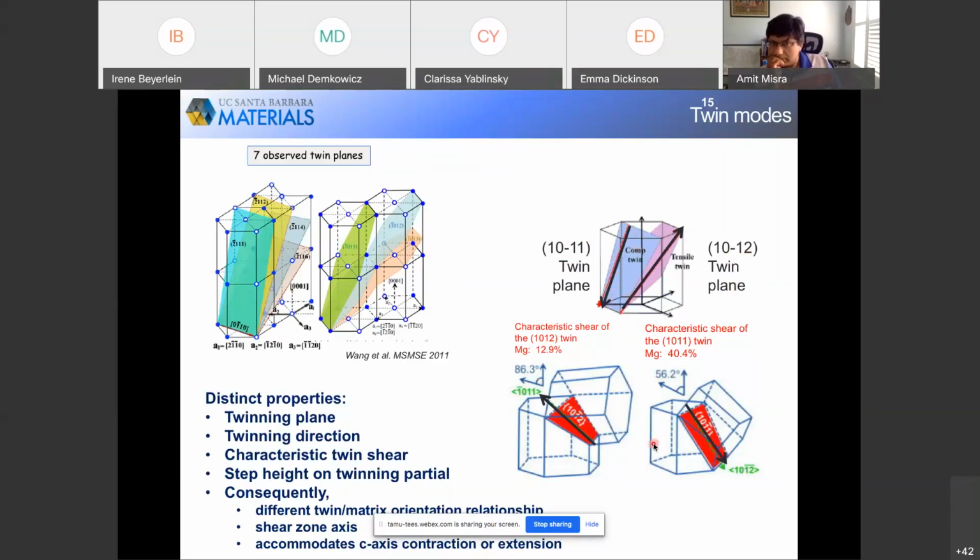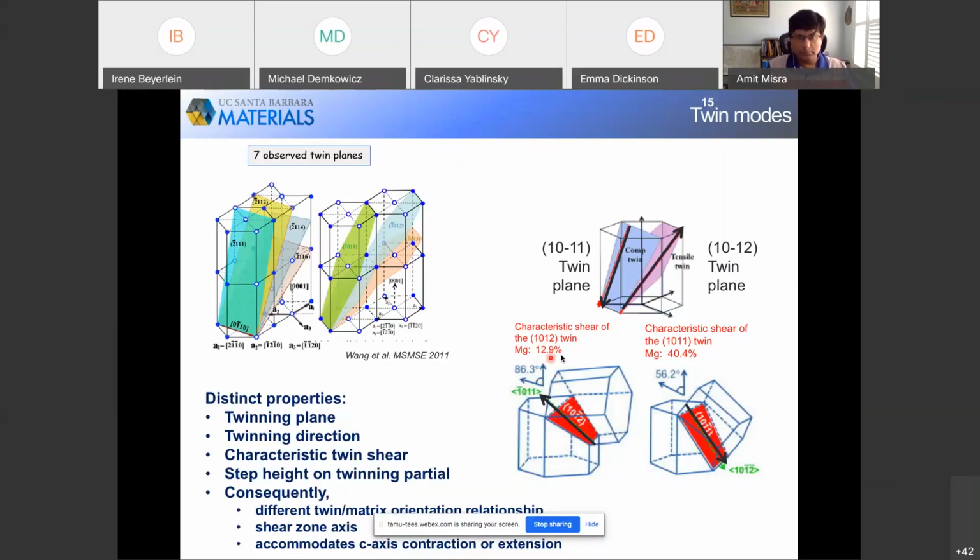Now, just to give you an idea of some numbers about how different they can be, in this case, this particular twin plane is a compression twin. So when it gets activated, it will contract the C-axis. In order to activate it, one needs to deform the crystal in compression in order to have this be a possible mechanism to accommodate that compression.